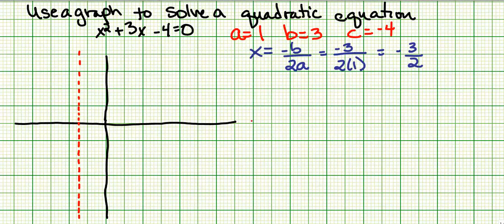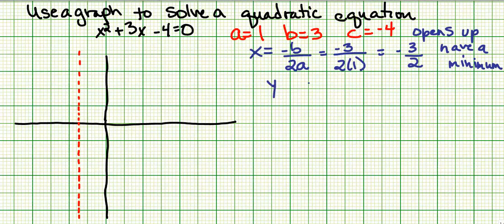Now I need to know where the lowest point on the graph is. I know it's a low point because the graph opens up. Since a is positive, that tells me I'm going to have a minimum. In order to find that, I need to take the x value that I got from my axis of symmetry and plug it into the equation.